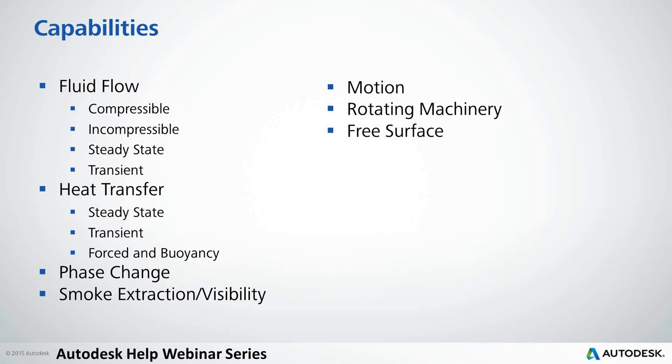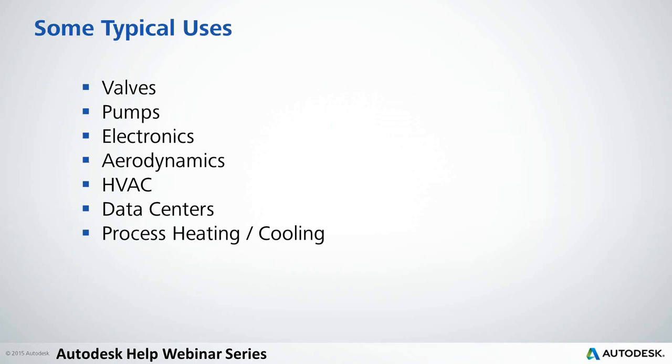You can do motion, rotating machinery, and free surface modeling. Some of the typical uses of the software are designing valves, pumps, electronics cooling, aerodynamics, HVAC, data centers, and process heating and cooling.